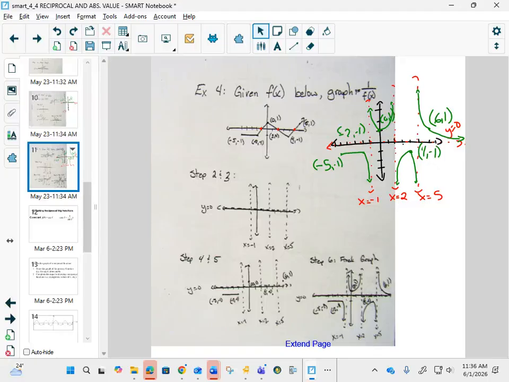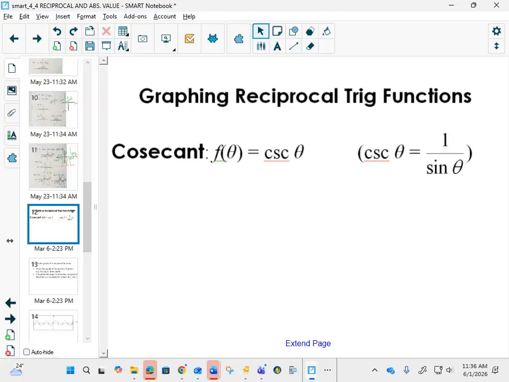Next, we're going to do reciprocals of trig functions. And I've got these notes for you as well, so you don't have to write stuff down.